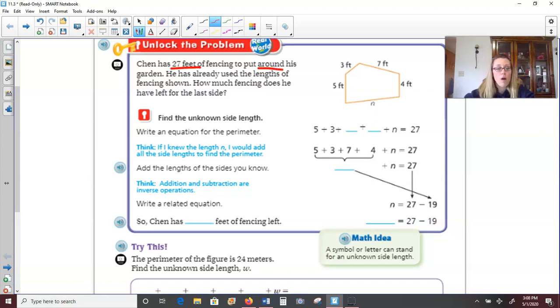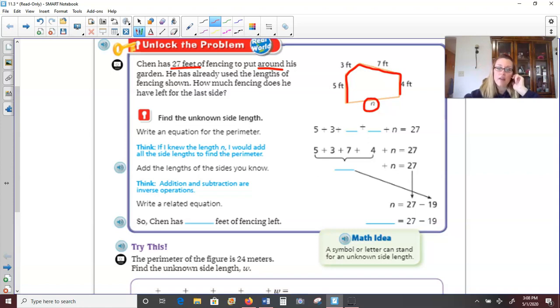So when we go all around his garden, which is a pentagon shape off to the right, we see he has 27 feet to go all around it. We need to see, based off of what he has used so far, which is what I'm tracing, how much he has left to cover side N.